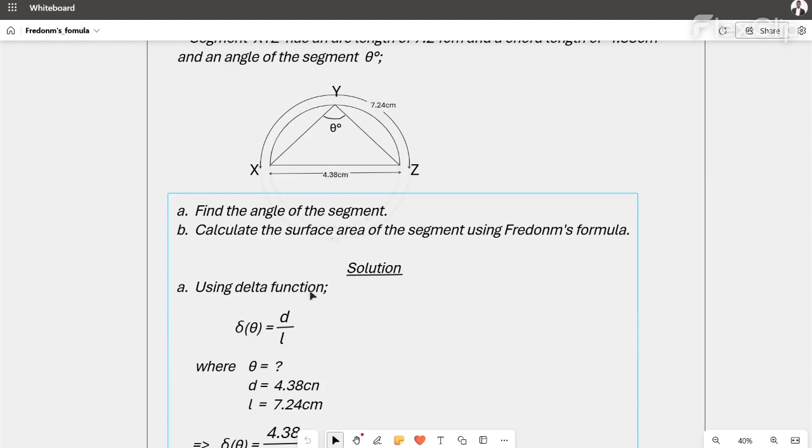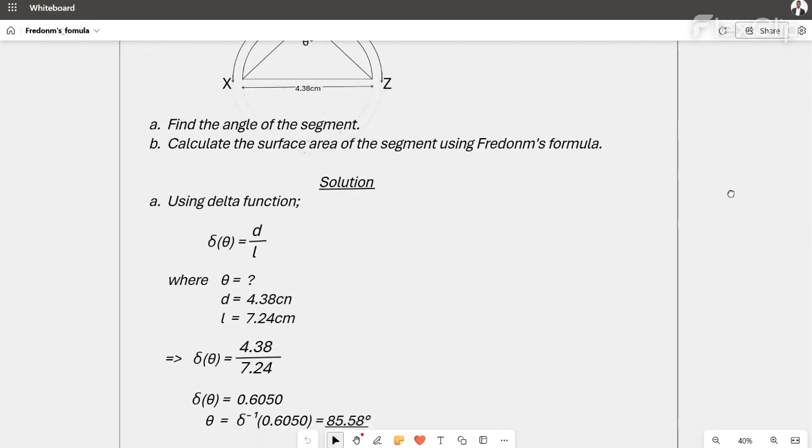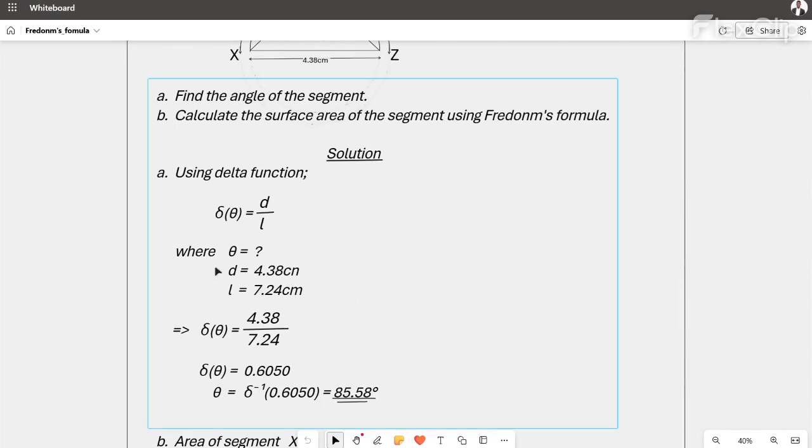So using delta function, delta theta is equal to d all over L, where theta is unknown. From this question, we don't know the value of theta. So d, that's the chord length, d is equal to 4.38 centimeter. Then the arc length L is equal to 7.24 centimeter.